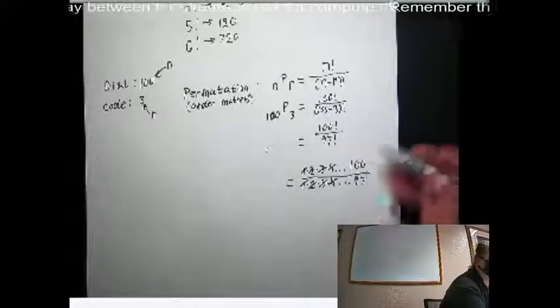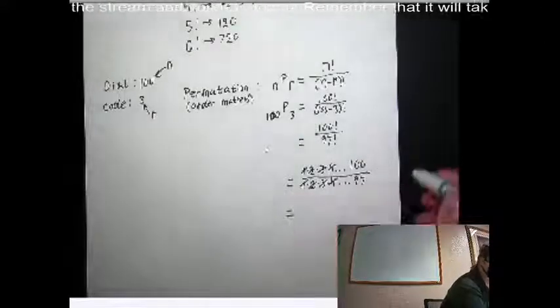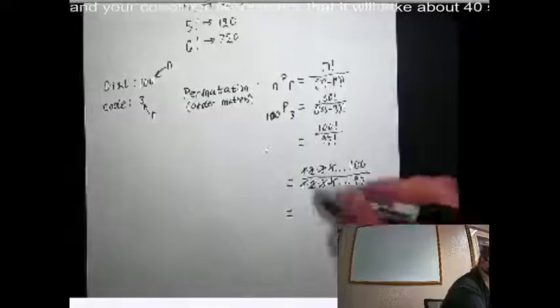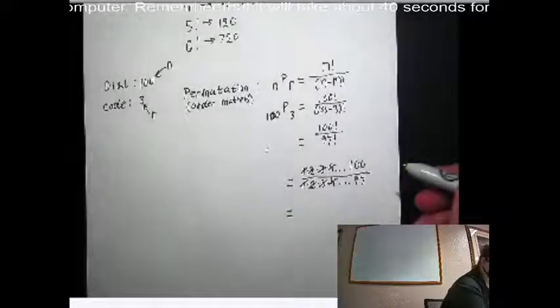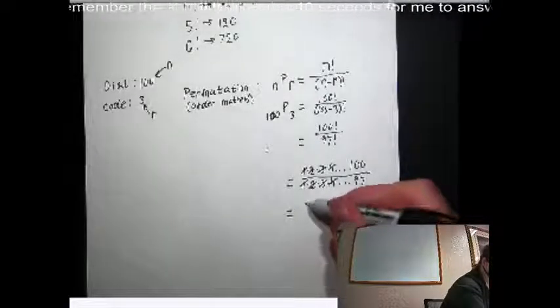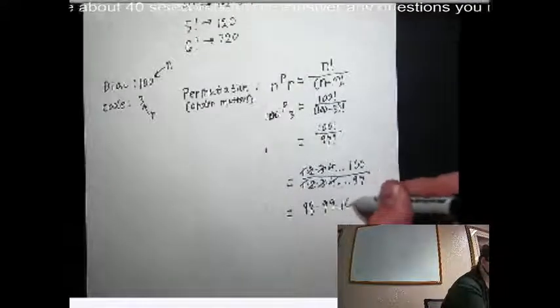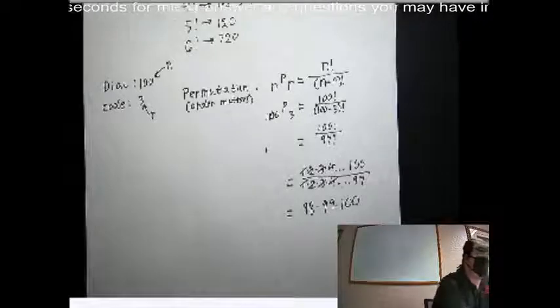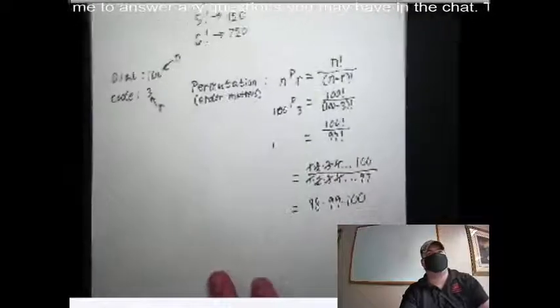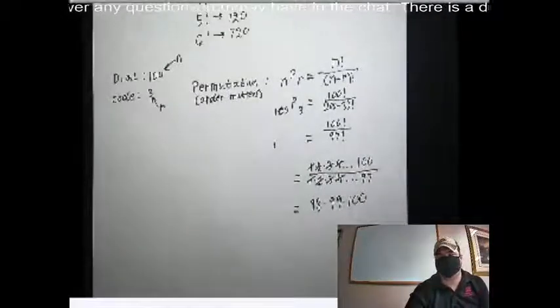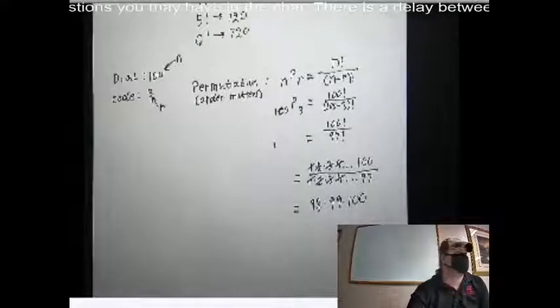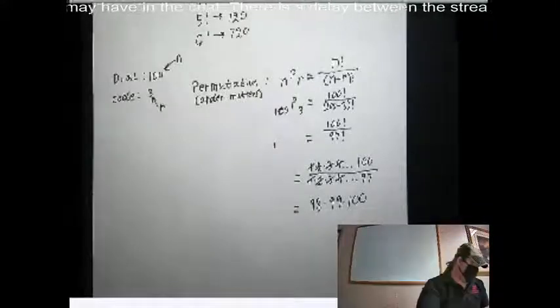So if they cancel all those numbers, all we have left on top is 98, 99, and 100. Make sense?